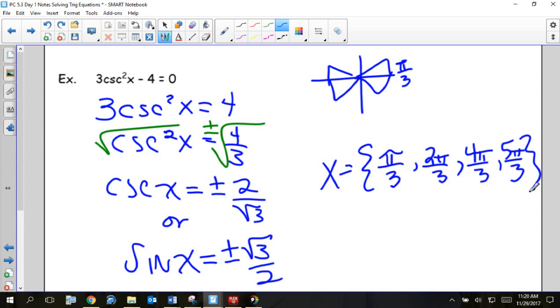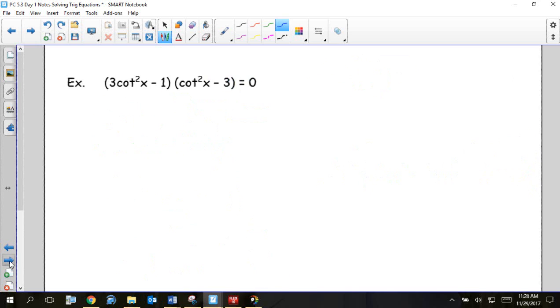There you go. One more example from day 1, which is half of today. This example, I'm looking at it and I see that it already equals 0. And there's a bunch of parentheses, and in between the parentheses it's just multiplication. What do you think has already happened? It's already been factored.